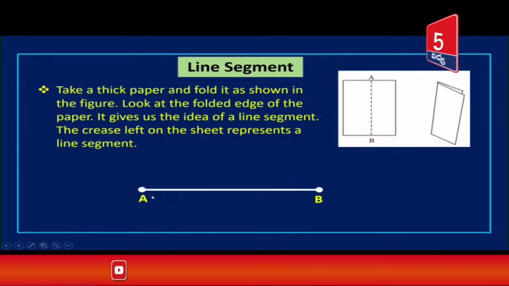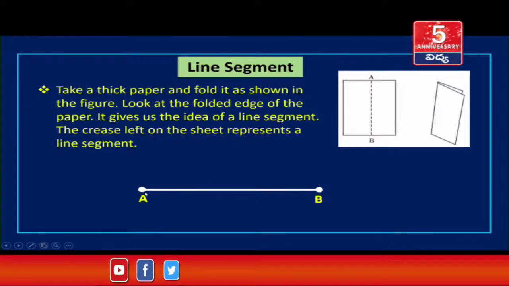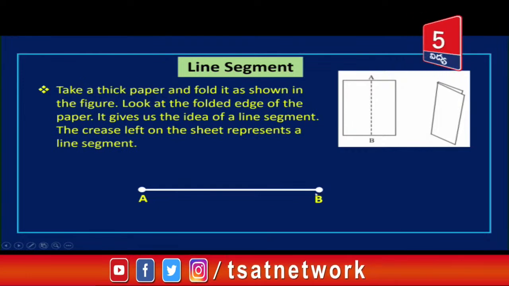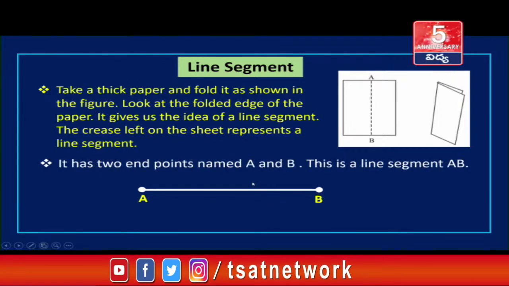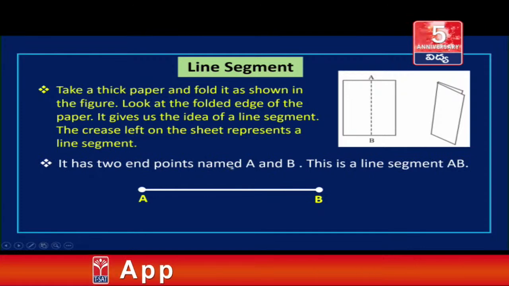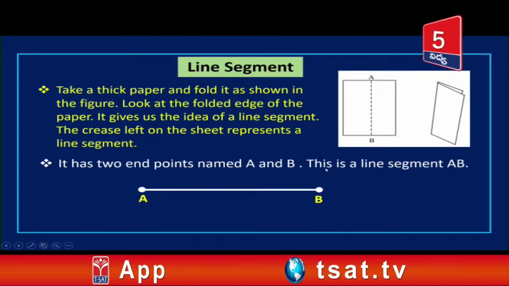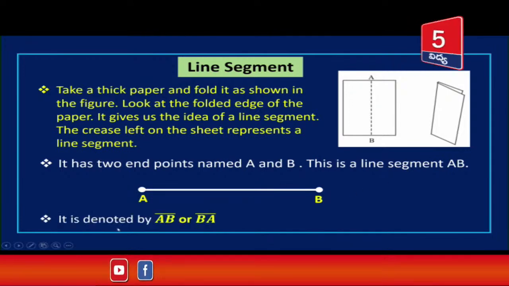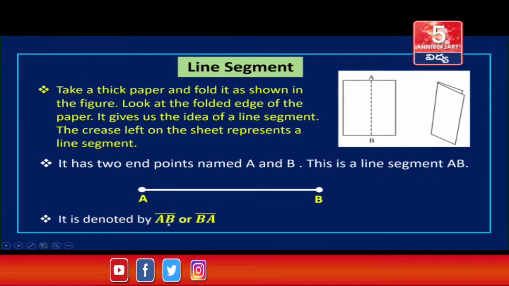See, in this line segment A is one end point, another end point is B. It has two end points named A and B. This is a line segment AB, and it is denoted by AB or BA.